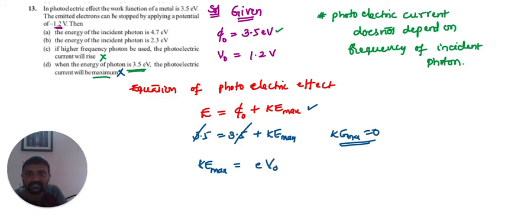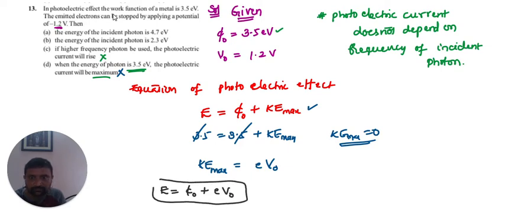Now the equation is rewritten as E equals phi naught plus eV naught, where E stands for the energy of the incident photon.